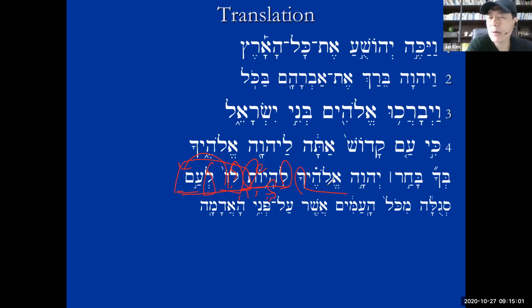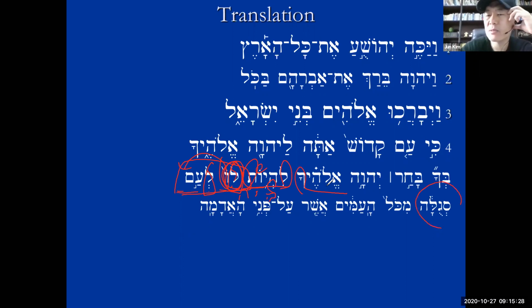Then what does it mean by to be for God, for people? For him, I mean for him, sorry. Then to be for him, for people means to be his people. So I'm trying to say lamed has something like possessive. It belongs to someone or something.